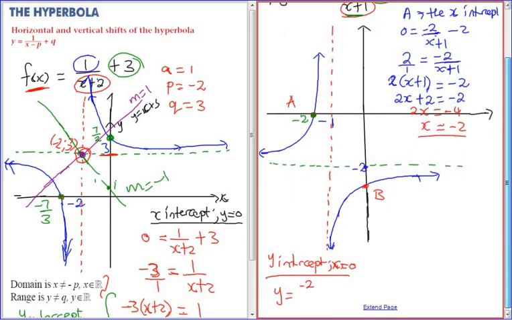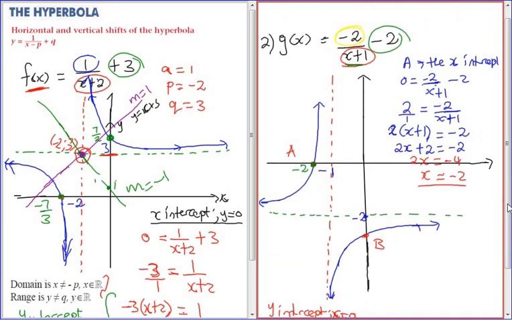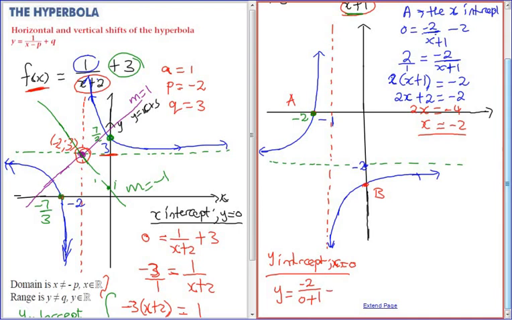So it will be -2 over 0 plus 1, minus 2. Okay. So this is easy because our y will now just be -4 right there. So this point, oh my, now I feel bad. It's -4.